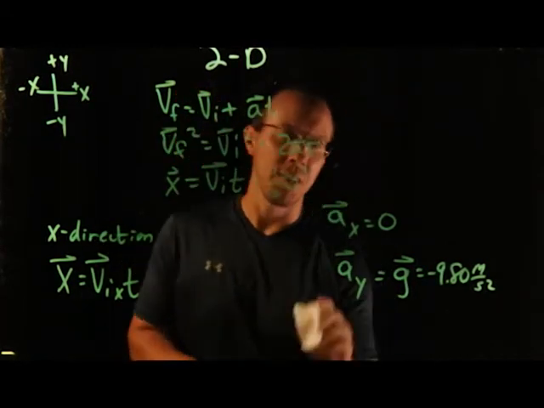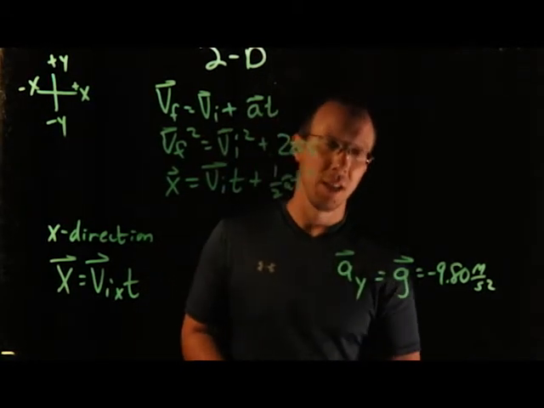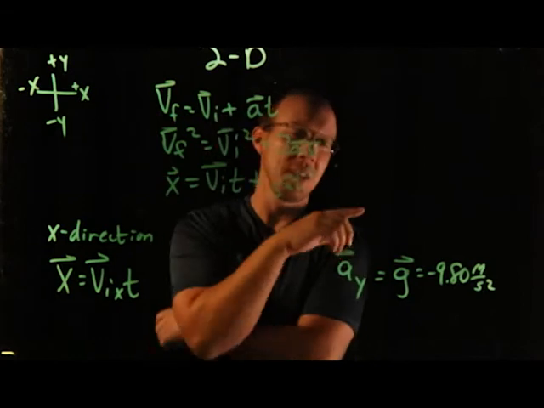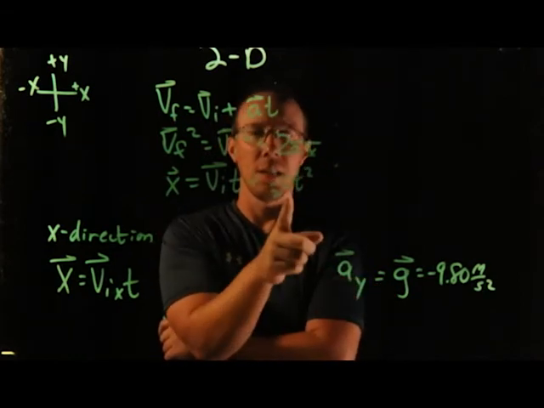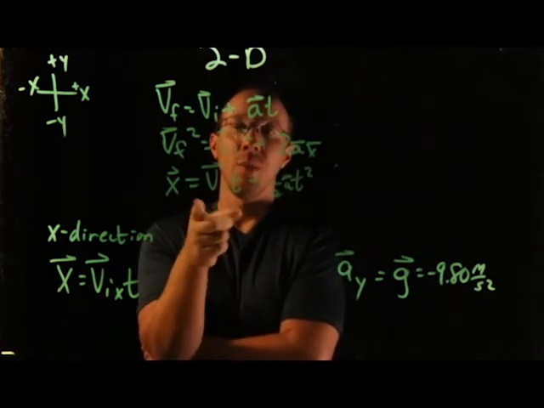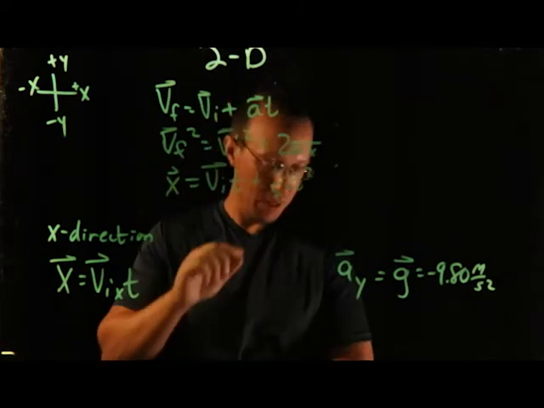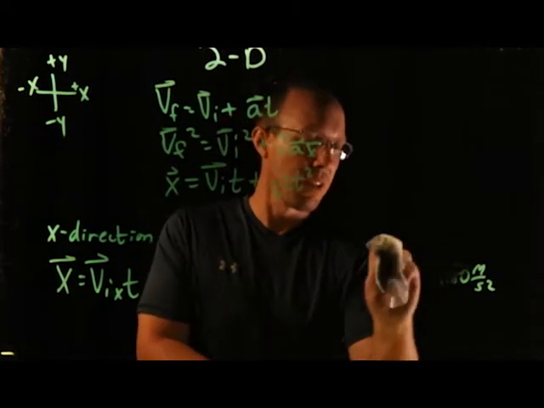All right, so we took care of the x. Now how about the y direction? Okay, so everywhere that we see A, we're going to put G. Okay, and how about everywhere we see X? We could put Y. All right, so let's rewrite those for our y direction.